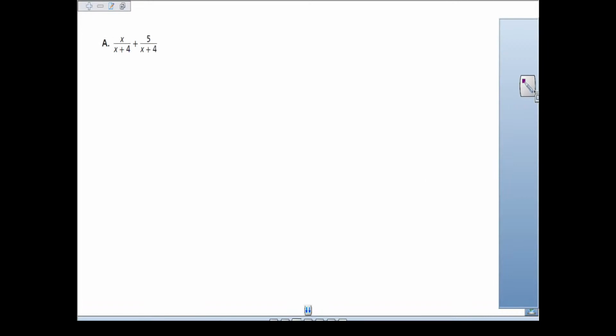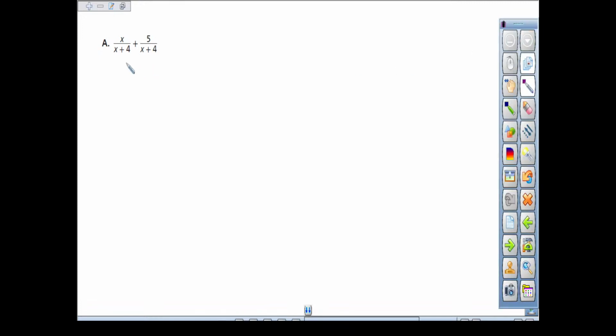This one says add these 2 rational expressions. Why rational expressions? Well, because they have x's, they have variables. It's not just fractions, they're rational expressions. I notice here that we have the same denominator. Do you see that? It's exactly the same.